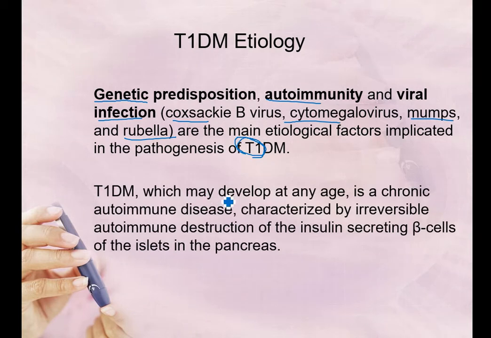The definition of type 1 diabetes: it is a chronic autoimmune disease characterized by irreversible autoimmune destruction of the insulin-secreting beta cells of the islets in the pancreas. So it is considered an irreversible autoimmune process.